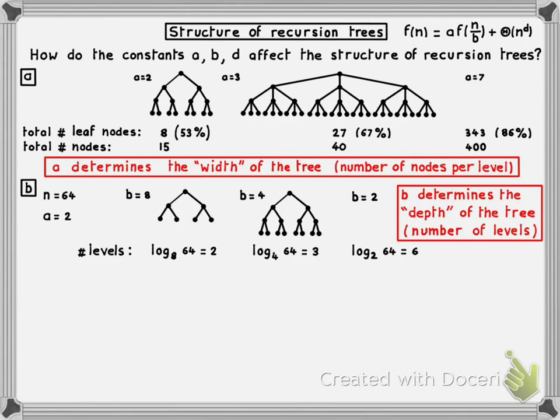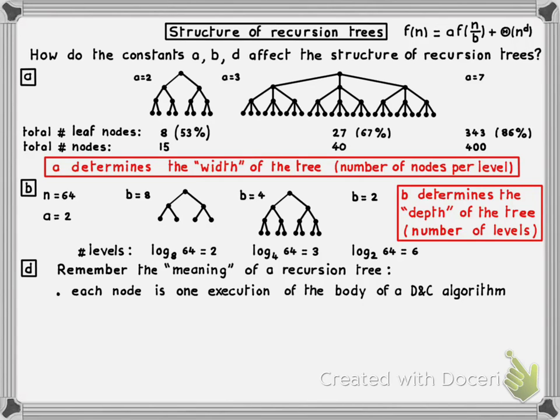Finally, let's look at the last constant in the recurrence relation, that is d. Now, d does not directly affect the structure of the recursion tree so much as the interpretation of it. So let me remind you of the interpretation of the recursion tree. Each node in that tree corresponds to one execution of the body of the divide and conquer algorithm whose runtime we're studying.